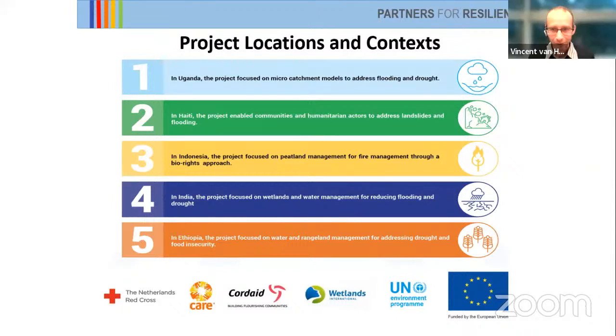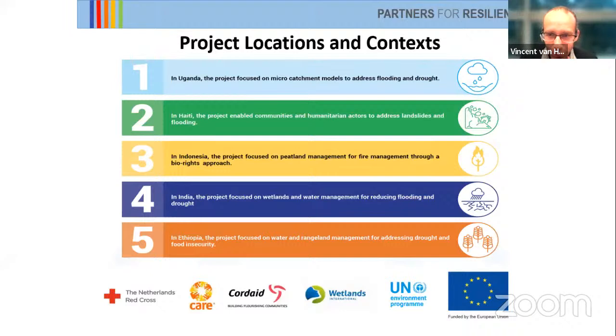Thank you, Malika. As you can see in this slide, and as you have seen also in the video, we have implemented in 5 countries in cooperation with UNEP and through the Partners for Resilience Consortium, being the Netherlands Red Cross, CARE, Cordaid, and Wetlands International. In this slide, the context of each project is summarized in 1 sentence.